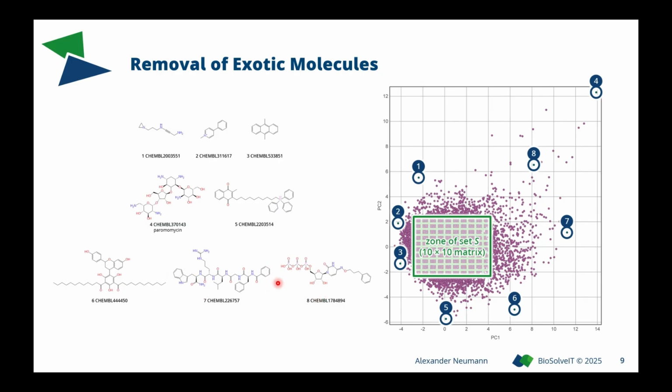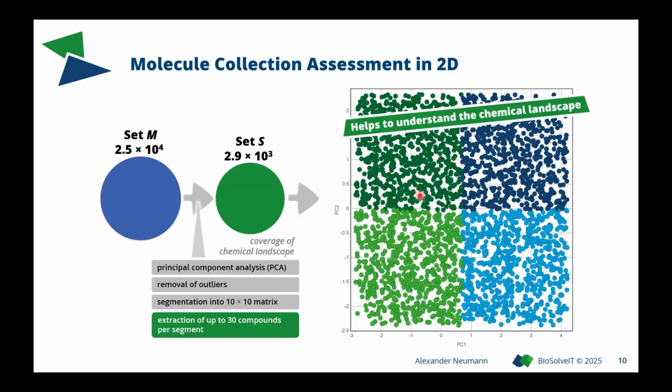This is a real peptide here, or even compounds with a nucleotide structure like this compound here, where we can also disagree whether this is a drug-like compound with that many negative charges. So ultimately, we looked at those extremes to reflect the idea of removing exotic compounds, because this is not something that should be included in a library per se, and we proceeded further.